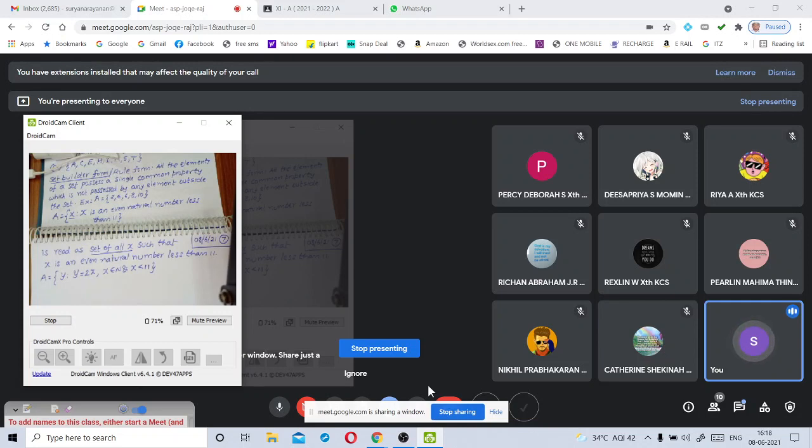You have to observe the common property possessed by all the elements of the given set. Okay, my dear children. Then we have to write the common property in the form of a sentence like this, or in the form of an equation. I wrote the same property in the form of an equation. Got this point, my dear children?